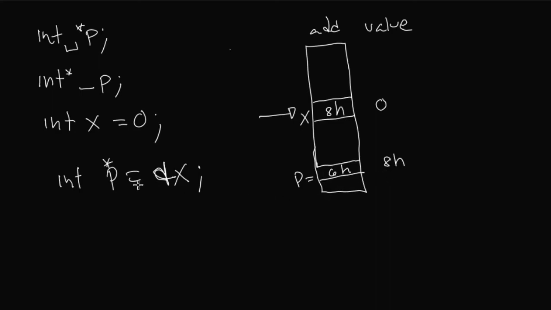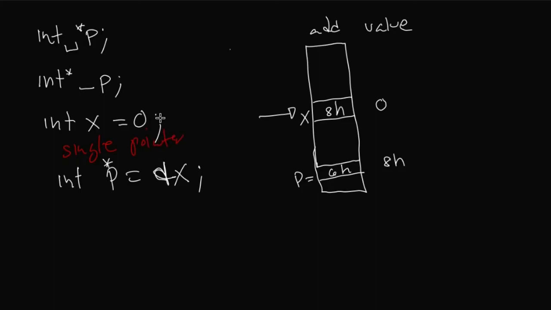So pointer p, which is currently located in this location in memory, has a value 8H inside it, which is the address of variable x, which contains 0. If we dereference this one, we obtain this value 0 here. This is for a single pointer.